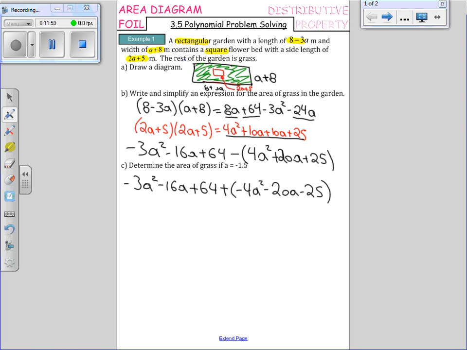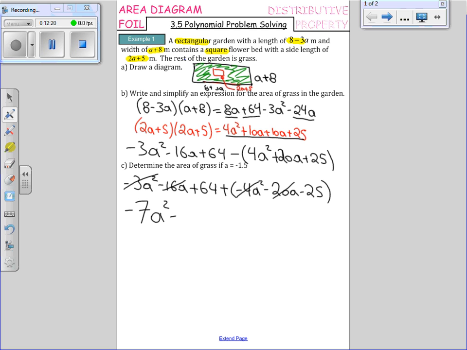Go ahead. What do you have for a squared? Negative 7. That's negative 7a squared. What do you have for a's? Minus 36. You have that. Minus 36a.